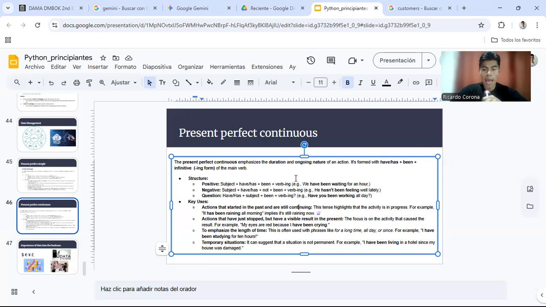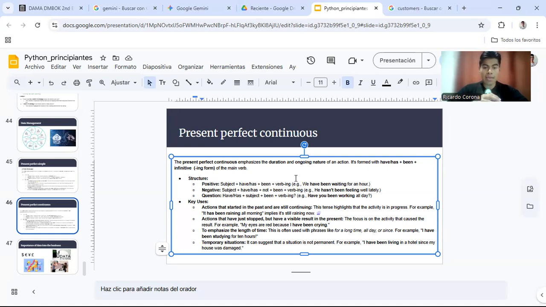Like this: we have been waiting for an hour, but our friend hasn't appeared yet, for example. In this sentence, I combined the present perfect continuous with present perfect simple.